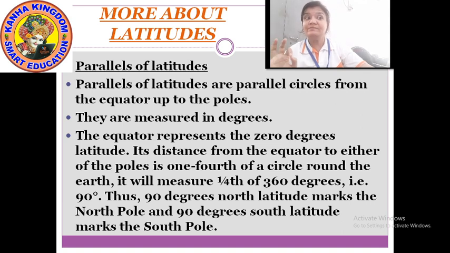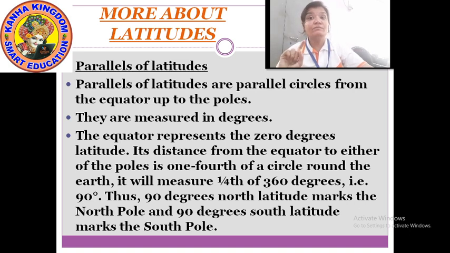Its distance from the equator to either of the poles is 1/4 of the circle around the earth. If you see the parallels of latitudes, when they start from east and come to the west, they are in a circular shape. So the distance from the equator to either of the poles is only 1/4 circle.